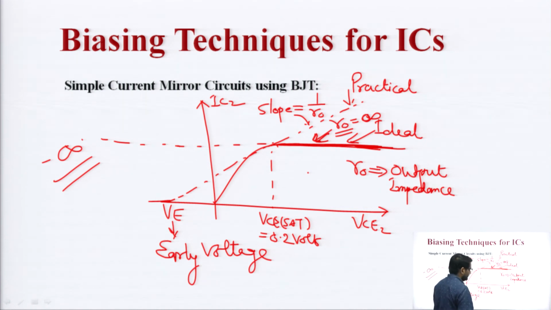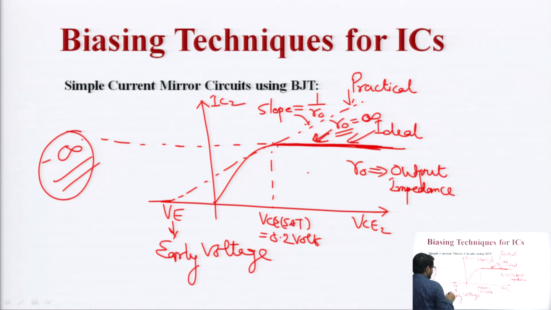So, the transistor Q2 will be designed such that the output impedance of the transistor should be high, and the early voltage must be infinite, a very high value.